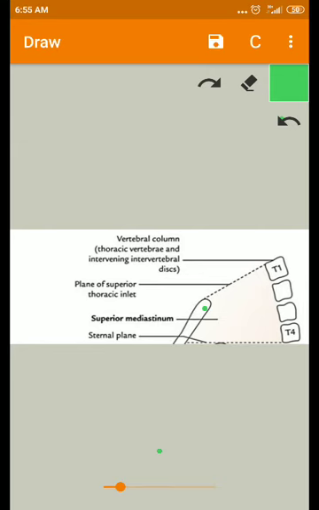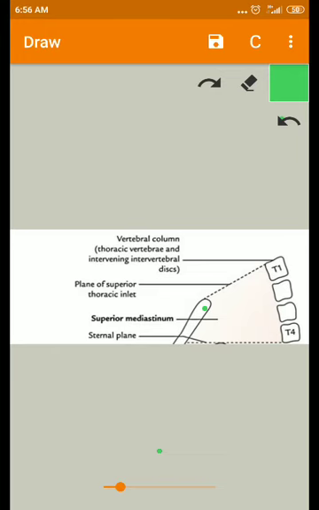So all these are the borders of the superior mediastinum. And what is the importance of this space actually? And what are the contents present in the superior mediastinum? Out of all the remaining mediastinal spaces, the contents are more in the superior mediastinum.